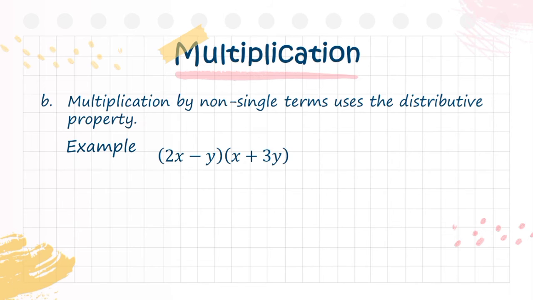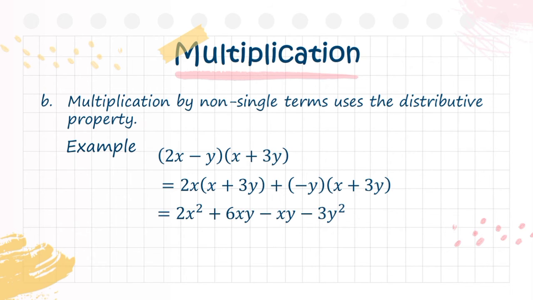So we multiply it first to be equals open bracket 2x times open bracket x plus 3y close bracket plus negative y times open bracket x plus 3y close bracket, whereby 2x to the power of 2 plus 6xy minus xy minus 3y to the power of 2.